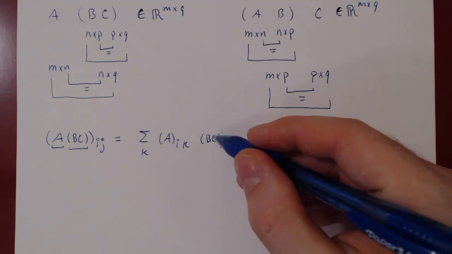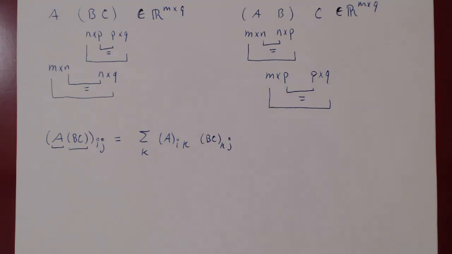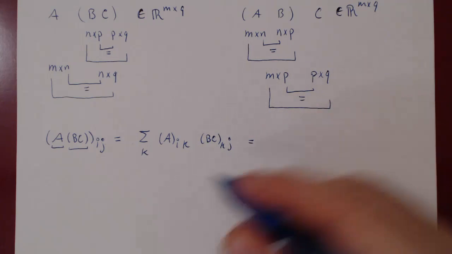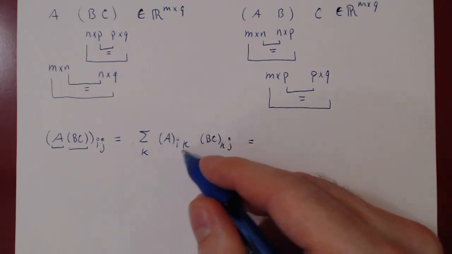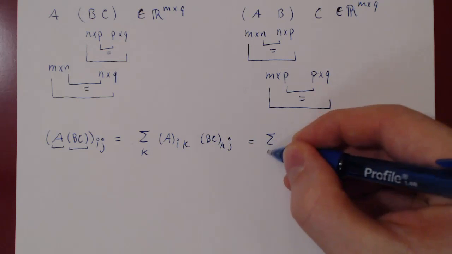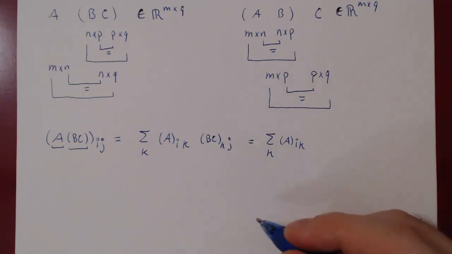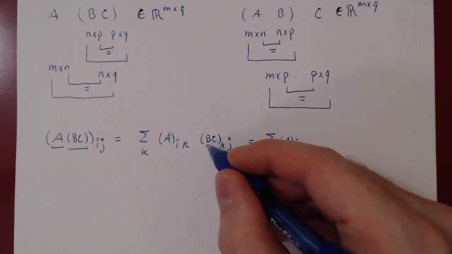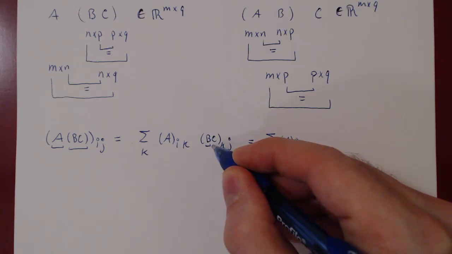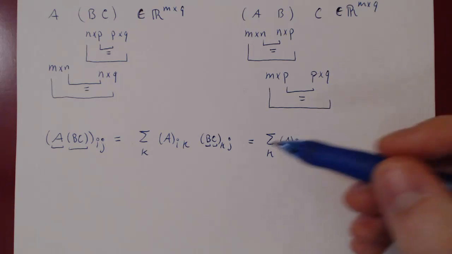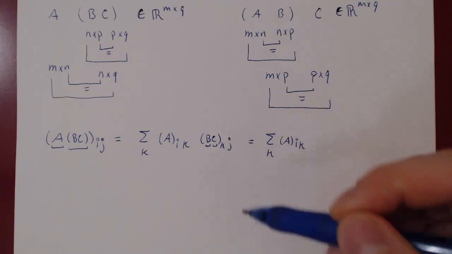But here's our second multiplication between B and C. So we can once again expand. The summation over k of a_ik stays the same. And now once again here we will expand. We have the matrix B times the matrix C, and we want the single entry in row k, column j.